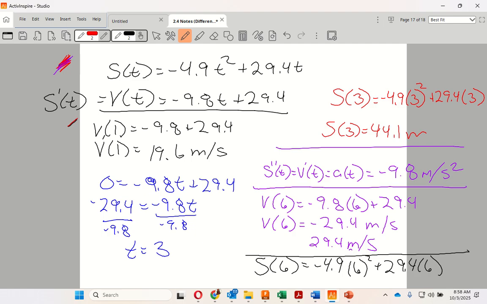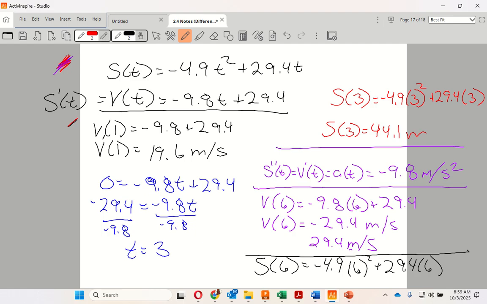Oh, because it went up and then comes back down. Would that be really the total distance then? The total displacement is 0, but that's not how you calculate distance.